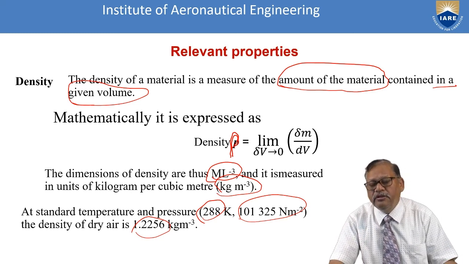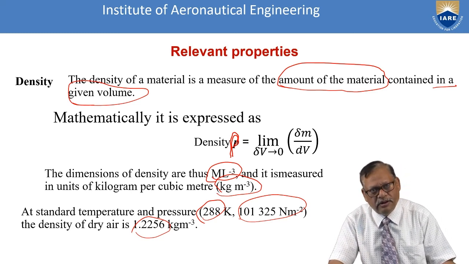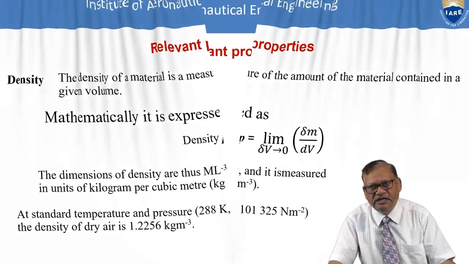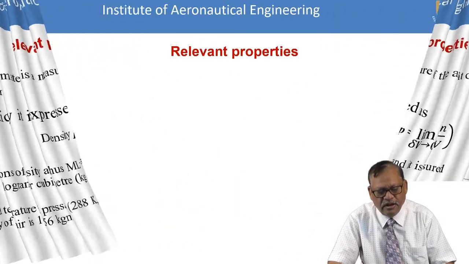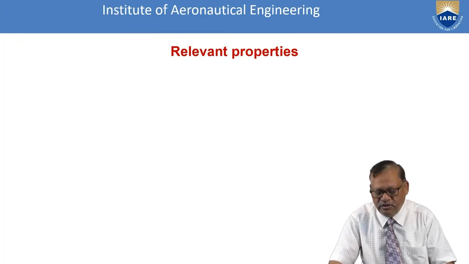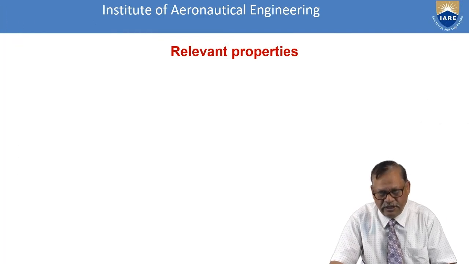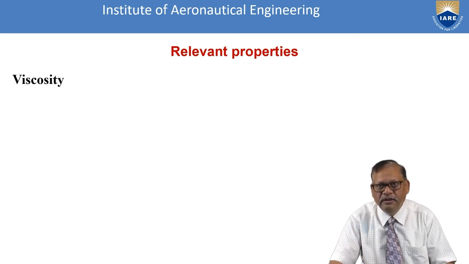Okay. So let's talk about our next property. Without these properties, if we talk, then it will be of no use. So that's why I am coming to it. What is viscosity?